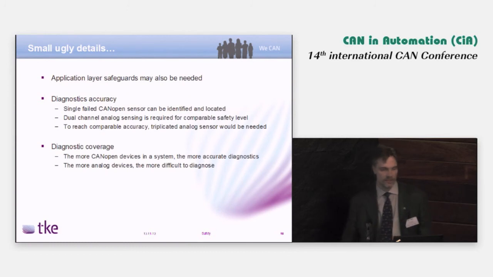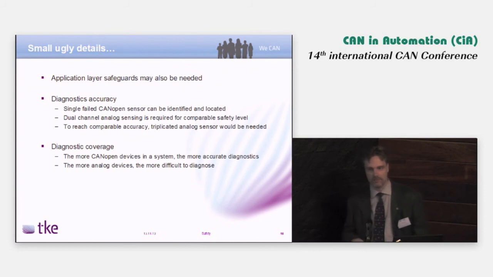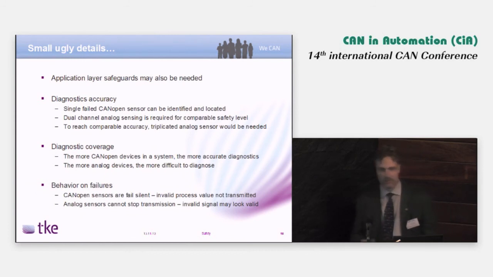So, diagnostic coverage. The more CANopen devices we have in the network, the more reference points we have all over the network, and the more accurate diagnostics we can achieve. But in the analog world, the more complex the system, the more complex to diagnose, unfortunately. And then also the error behavior is different.